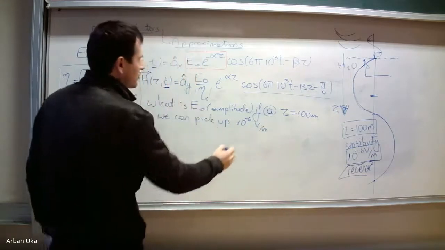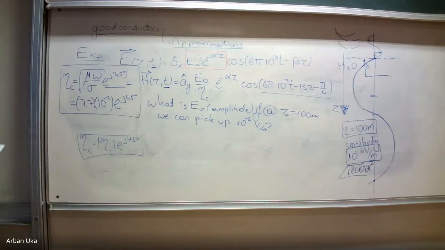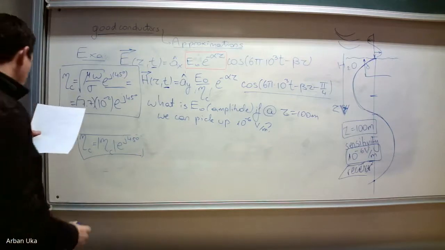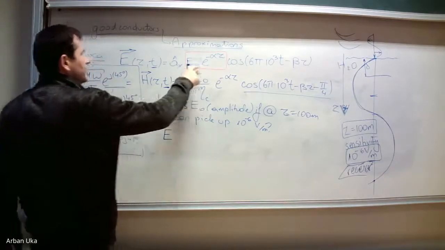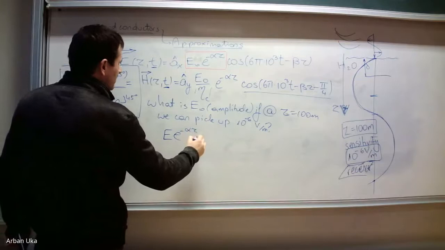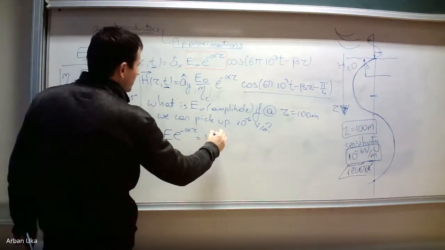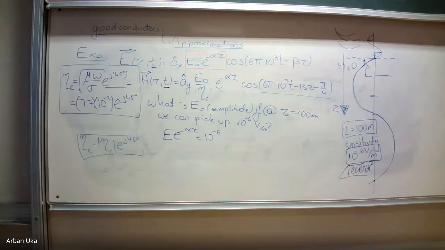Okay, so this is the question. We need to find the E amplitude, and for this, we can say that initially we have this term in red, e to the power minus alpha z, and this is going to be equal to 10 to the power minus 6. Okay, so this is how this will be attenuated.